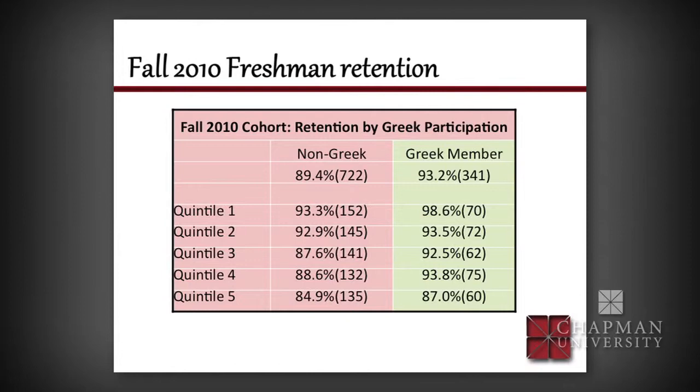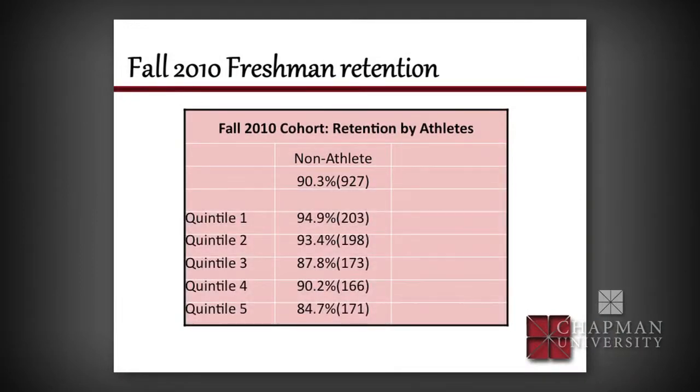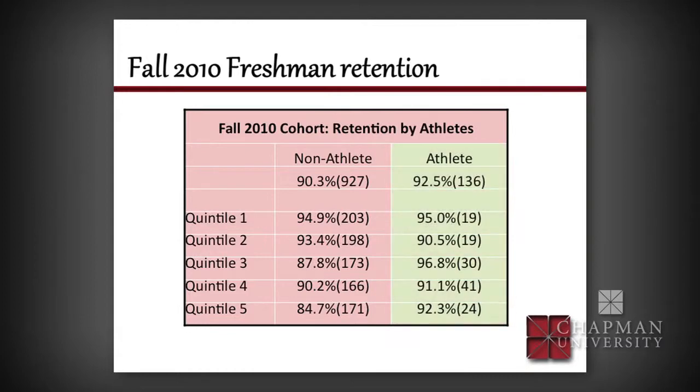If you're involved in a club and you're involved in a Greek organization, you come back. Athletics, very similar. Non-athletes versus athletes. And I guess I did do the quintiles for that. But again, all above the 90th percentile, regardless of what quintile you're in.